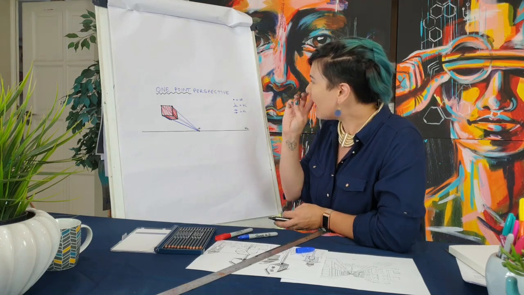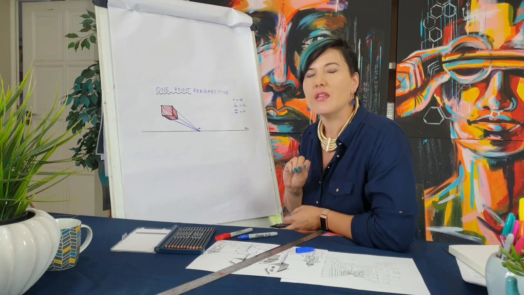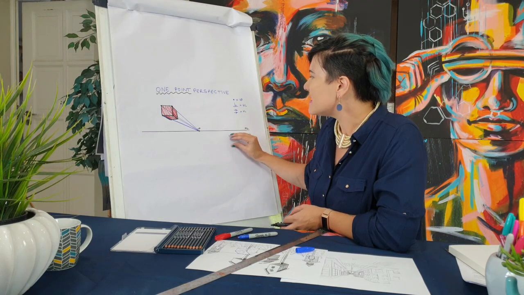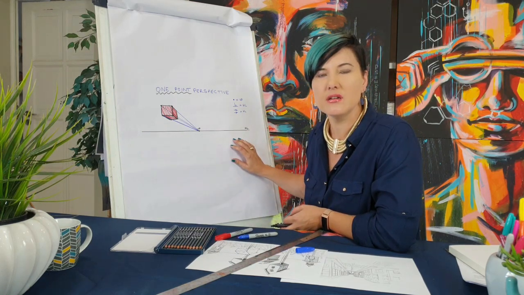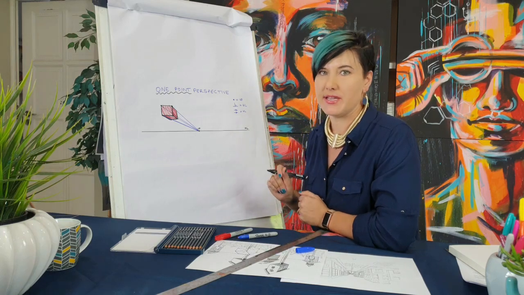Okay? So with 1-point perspective, your first exercise is literally just going to be the following. And this is what we're going to be doing. We're going to be placing squares all around, and then we're going to apply the perspective rules. So this is the easy way to start.